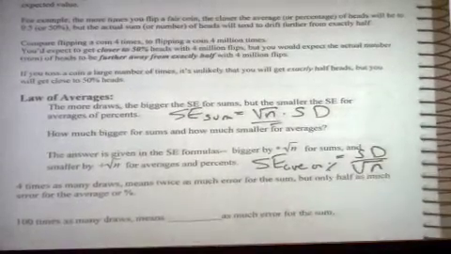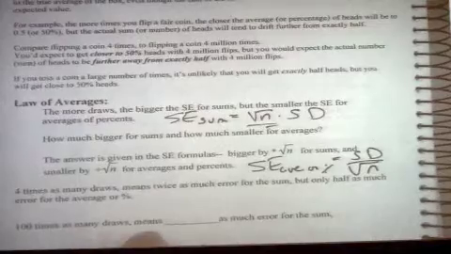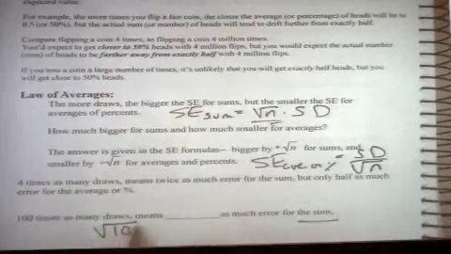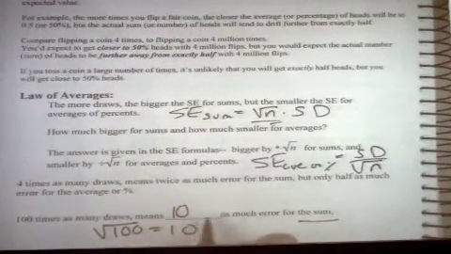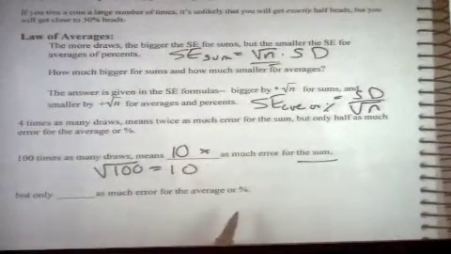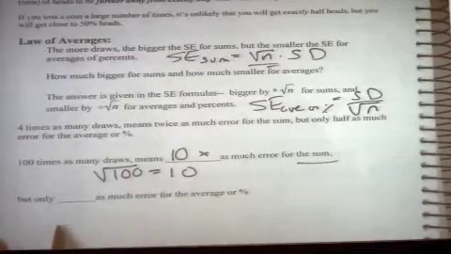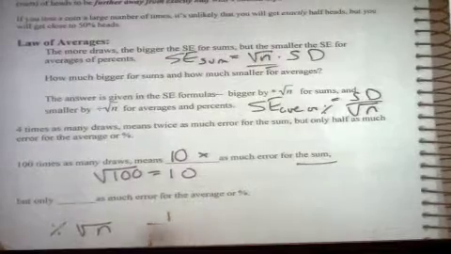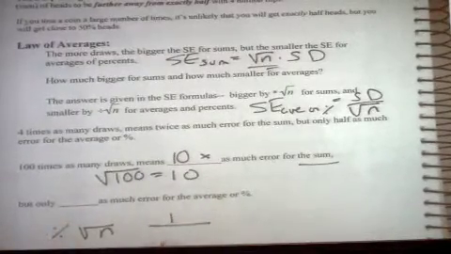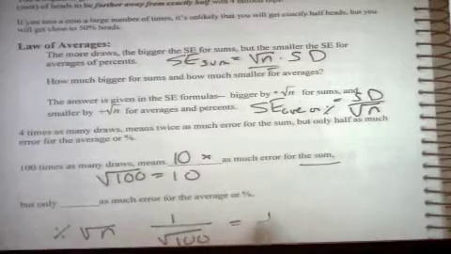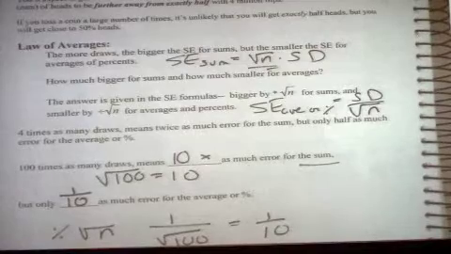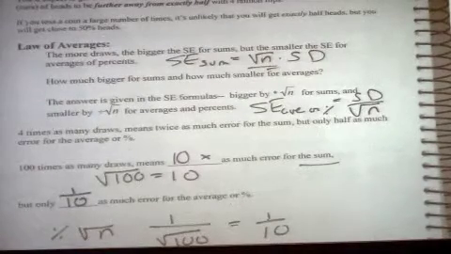So 100 times as many draws means, for the sum, the square root of 100, which is 10 times as much error. But as an average or a percent, it's divided by the square root of n, so it will be 1 over the square root of 100, which is 1/10 as much error. That's basically that. Now, let's just do some problems.